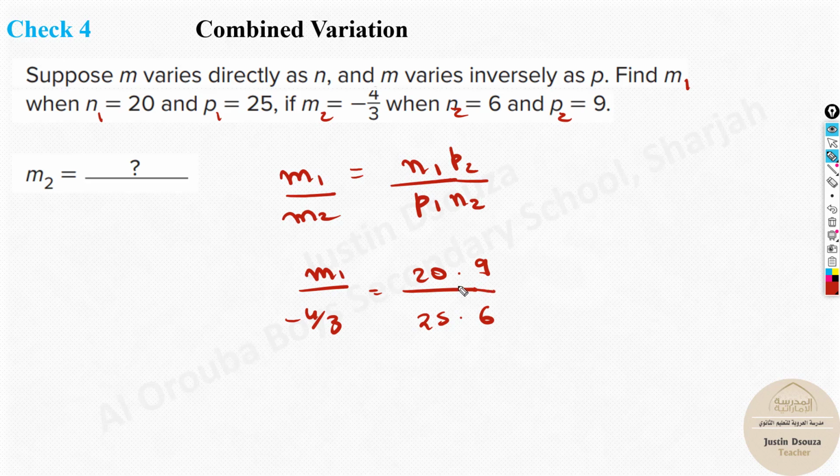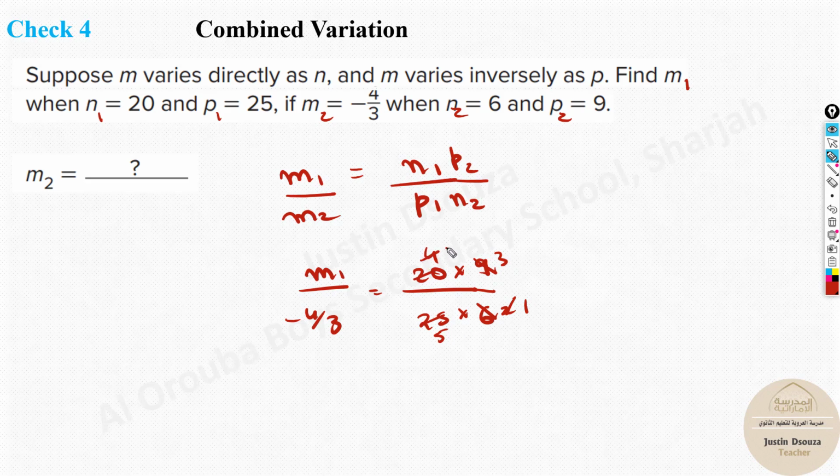Okay. Now here, just make sure when you're substituting these values, don't make mistakes. If you do this wrong, so instead of P2, if I put P1 here, the entire answer is wrong. Now I just simplify this, take it to the other side and simplify. I can simplify this over here a bit, 4, and this is 5. 5 goes 4 times over here, 5 times. This is 2 times 3 goes over here, 3.